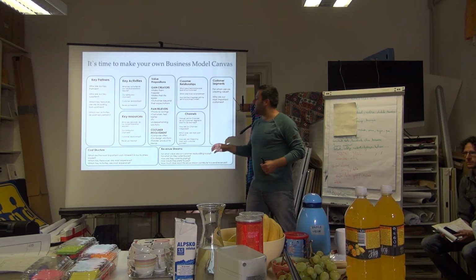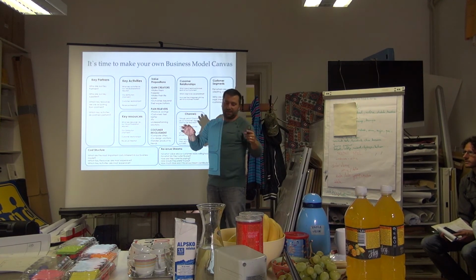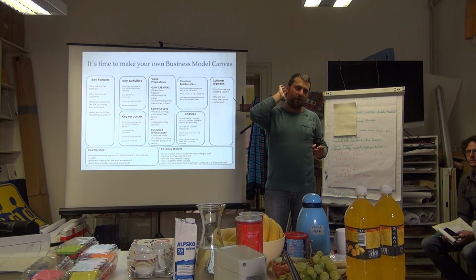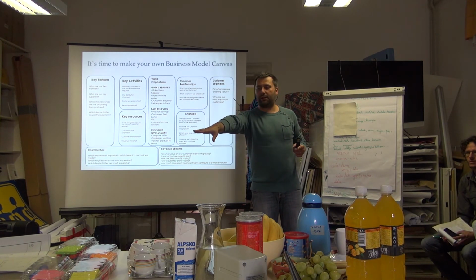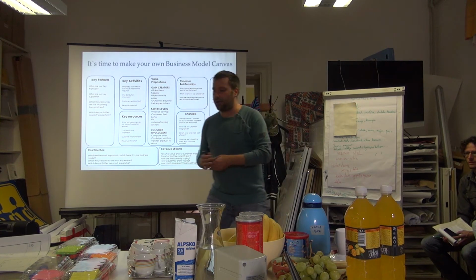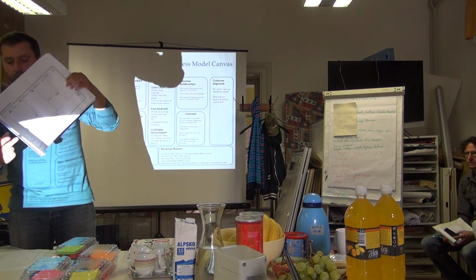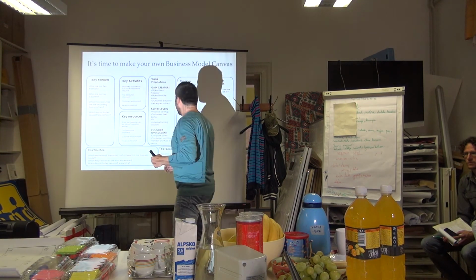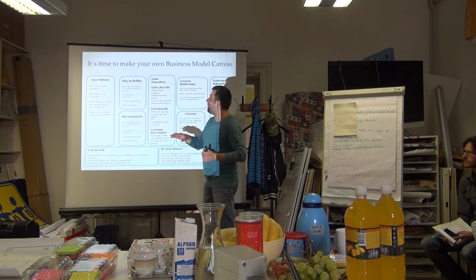Okay, now we will make the groups. The last thing I want to ask you is that when you are doing your canvas, every group will have this little bigger one. You will put four more blocks on your canvas.